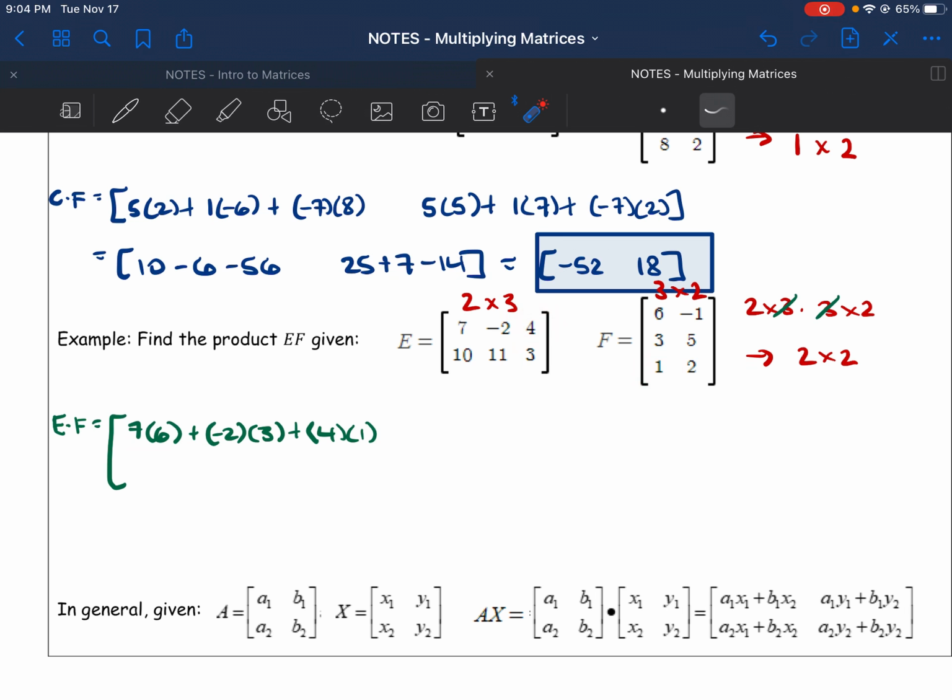Then for the next entry for row 1, column 2, we're going to do everything from row 1 here, but now with column 2 here. So we're going to do 7 times negative 1 plus negative 2 times 5 plus 4 times 2.